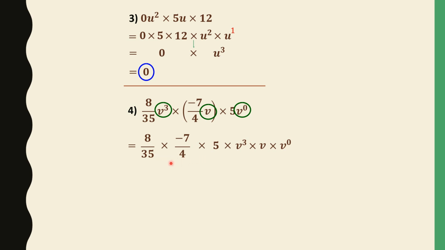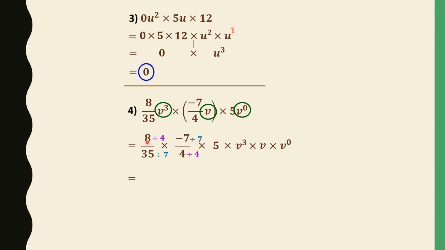We can simplify any numerator with any denominator. It depends which ones have a common divisor. Here we notice 8 and 4, they have common divisor 4. We can simplify by 4. 35 and 7, they have a common divisor 7. Also, we can simplify 35 with 5. 5 is 5 over 1. But here maybe it's better to simplify 35 and 7 by 7.